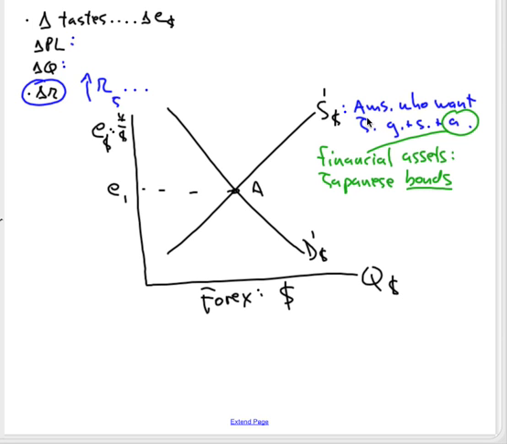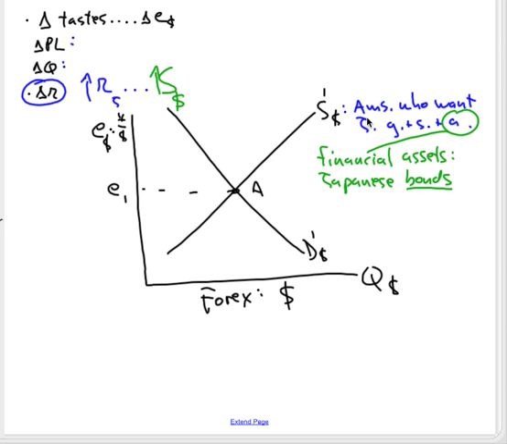What's going to happen to the number of Americans who want to sell their dollars and get yen when Japanese interest rates rise? Well, an increase in Japanese interest rates will increase the supply of dollars because more Americans will want to swap their dollars in the foreign exchange market and get some yen so that they can buy some of those Japanese bonds. Because to buy a Japanese bond, like buying a Japanese car, you need yen.